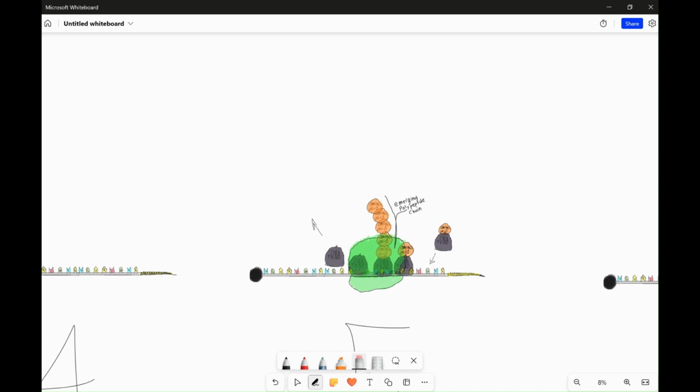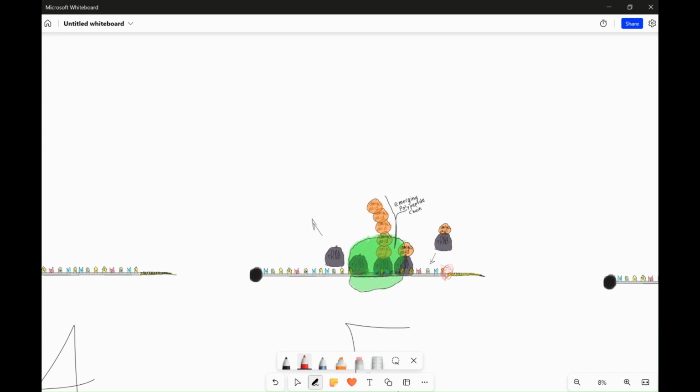This happens until the ribosome reaches a stop codon on the mRNA. There would be a codon right over here. I didn't put that in there. I forgot.